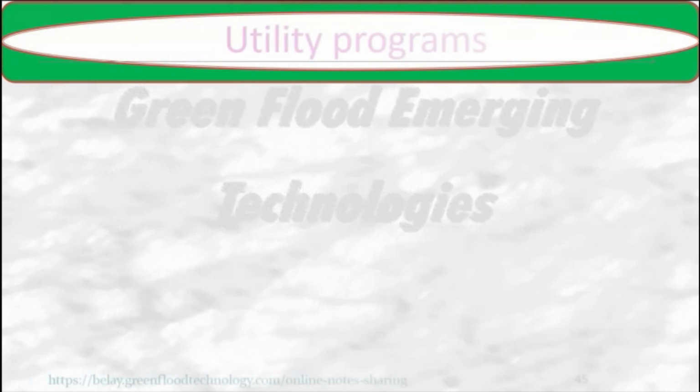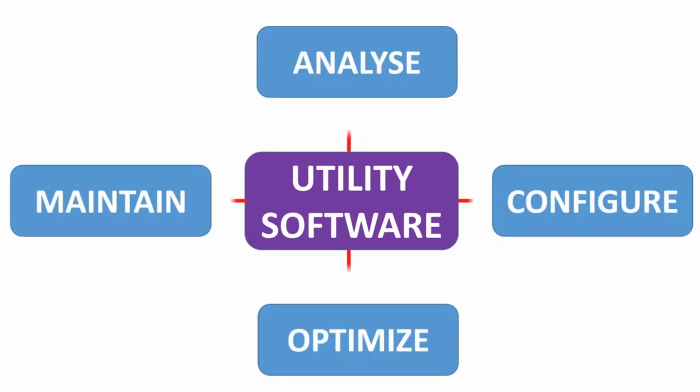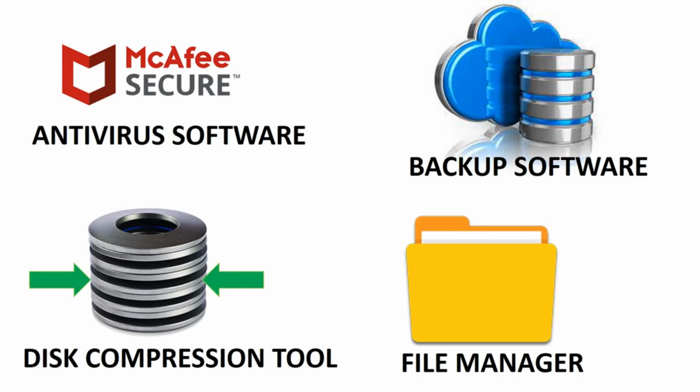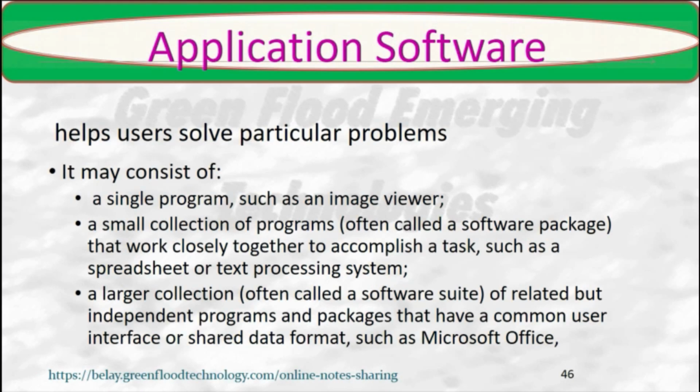And also utility programs. One of the system software is the utility program. This is specially used for analyzing our system, maintaining, configuring and optimizing the computers, like antivirus, file manager, backup, and so forth. The other is the application software.